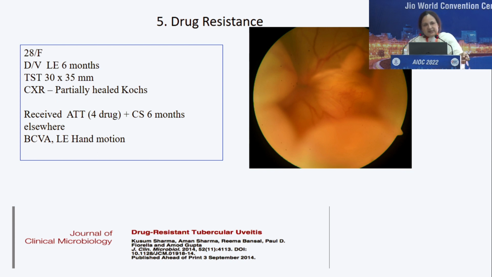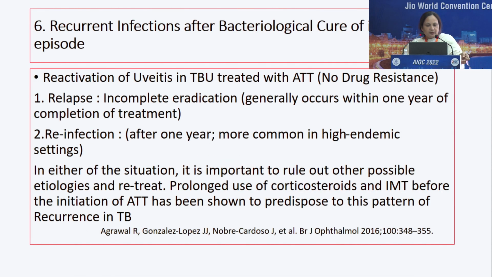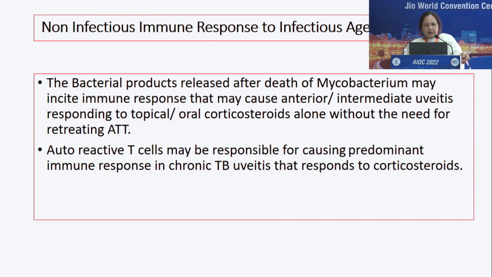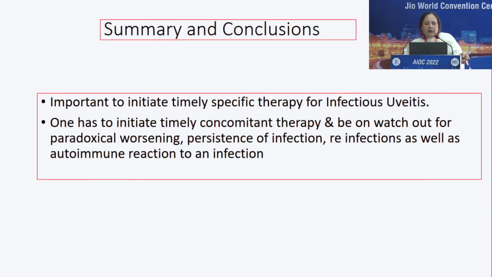Drug resistance is not very common, and I won't go into much detail about it; it is typically characteristic only of TB. The sixth one is very complex and not for the comprehensive ophthalmologist, so again, I would not touch it. To conclude, it's very important to initiate timely specific therapy for infectious uveitis, but please note you cannot wash your hands of it simply because you have told your internist, give this patient syphilis treatment, give this patient TB treatment.